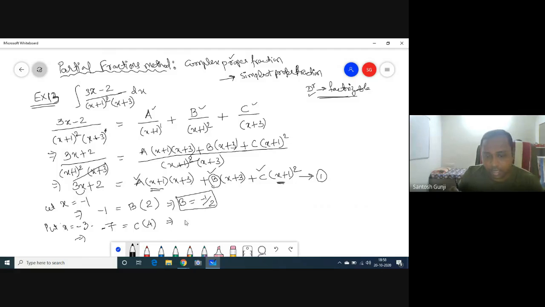So finally I get c as minus 7 upon 4. So I am able to get the value of c.